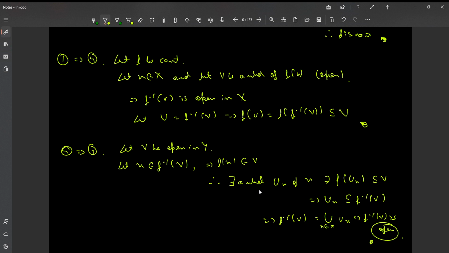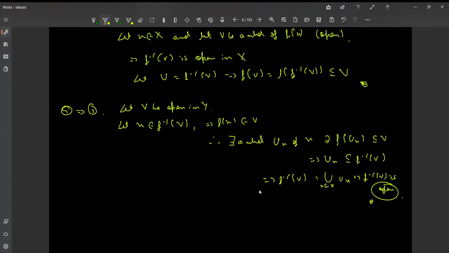Okay. In the previous lecture, we had introduced one more important terminology. That was the concept of a homeomorphism. So let us also check a few examples of homeomorphisms as well. Example. So what was the homeomorphism?